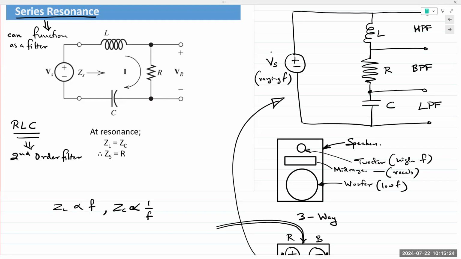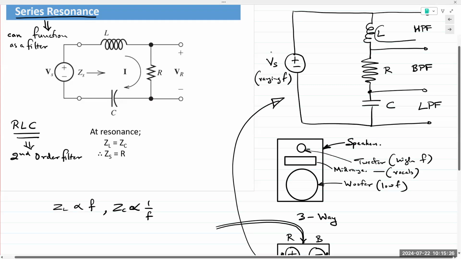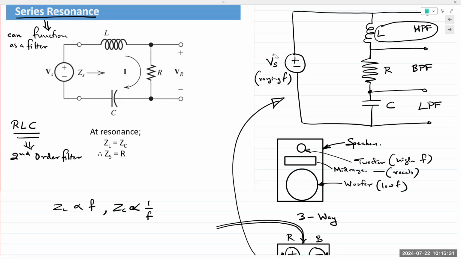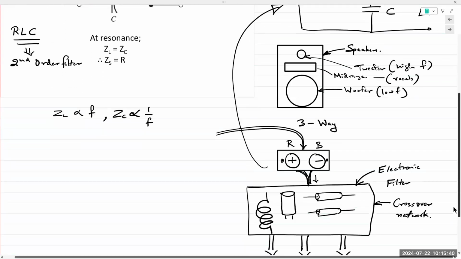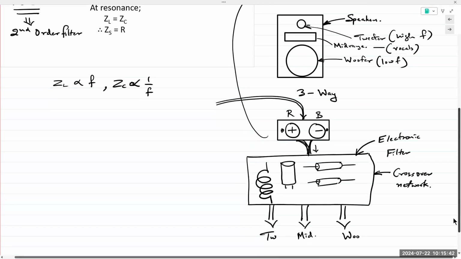If you take the output across the inductor, you get the high frequency components, hence it functions as a high pass filter. And if you take the output across the capacitor, it functions as a low pass filter. The real life example was a crossover network. A crossover network is simply an electronic filter that is used in speaker applications. It could be a two-way crossover network for two-way speakers, or a three-way crossover network for a three-way speaker.